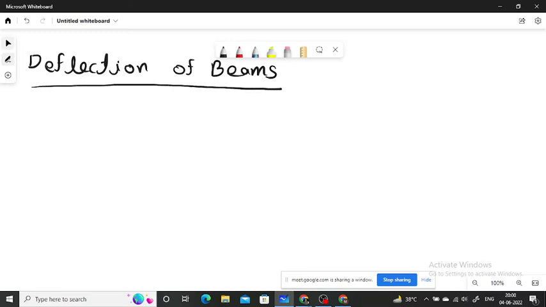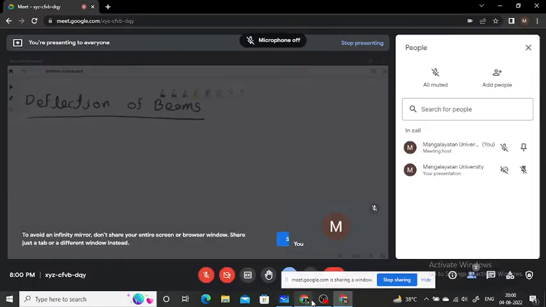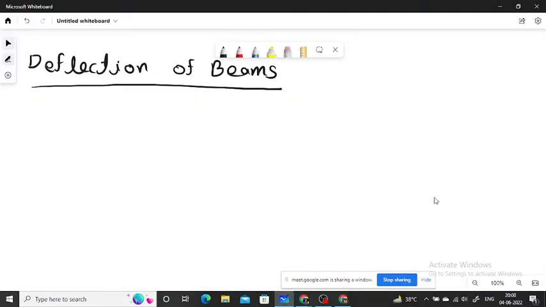ओके, तो डिफ्लेक्शन ऑफ बीम्स के लिए फर्स्ट ऑफ ऑल, व्हाट इज डिफ्लेक्शन ऑफ बीम?